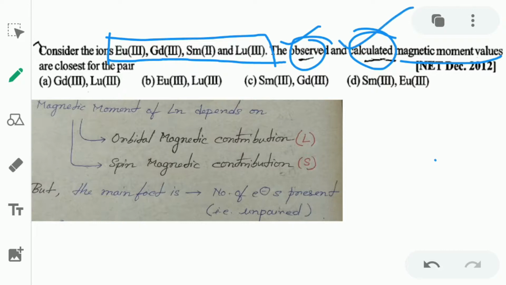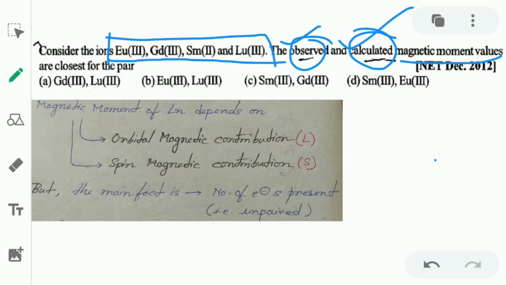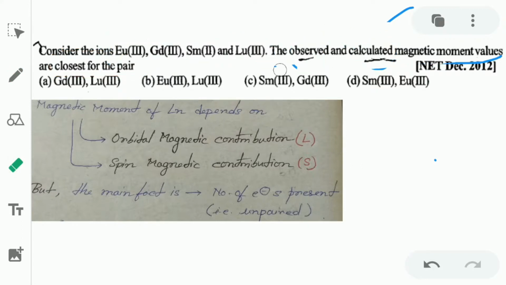The main point asked in the question is closest for the pair. That is, we need to determine the pair which has the closest observed and calculated magnetic moment.